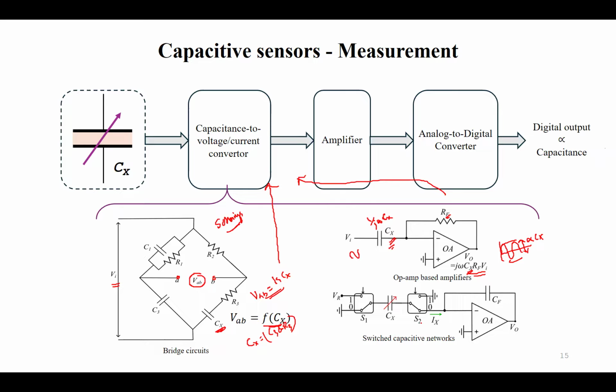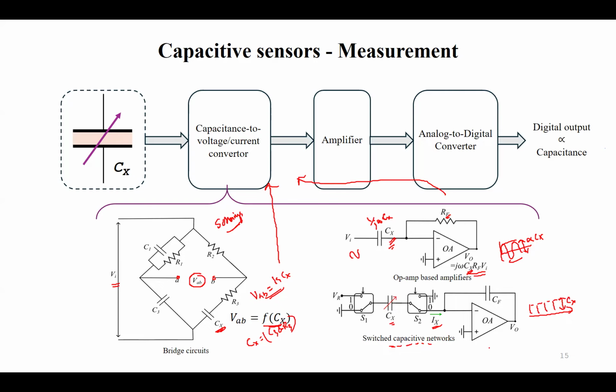There are methods like the switched capacitive network, where the capacitance is directly converted to impulses of current. So this will be like an impulse train, and the amplitude of this impulse will be proportional to Cx.